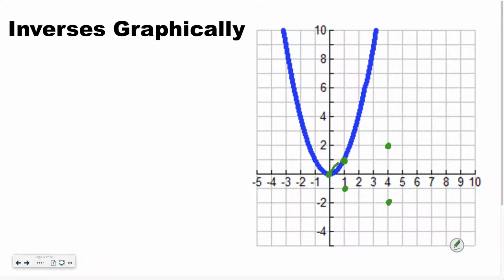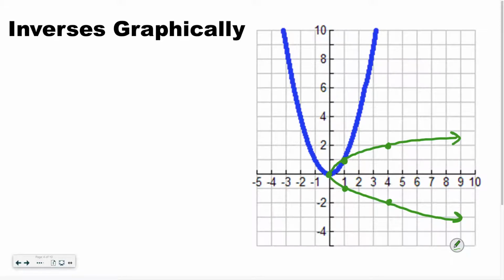So here would be the graph if we switched all of our x, y coordinates. Okay? Well, what's true about that green curve? It passes the horizontal line test, but what does it not pass? It doesn't pass the vertical line test.